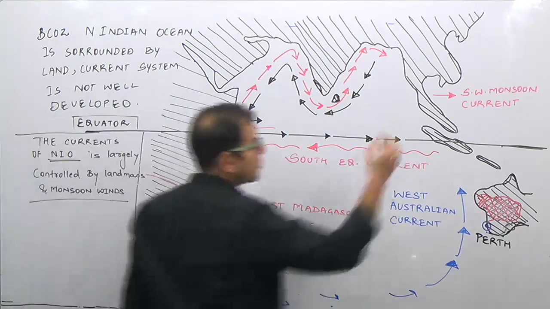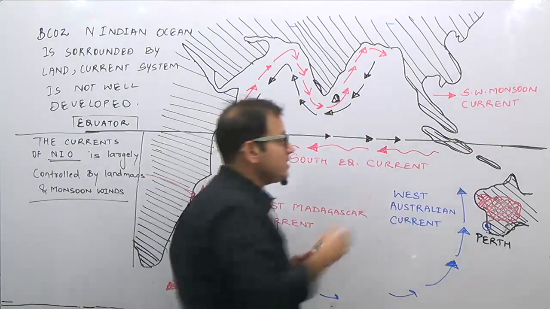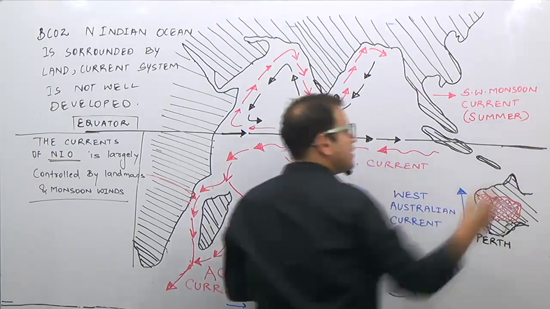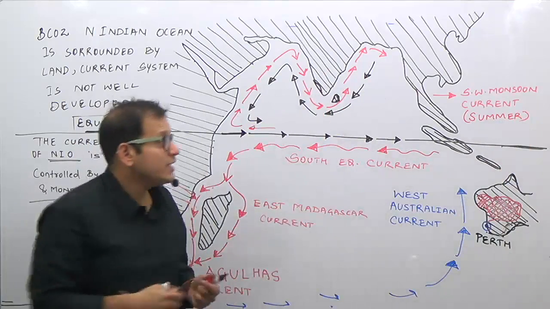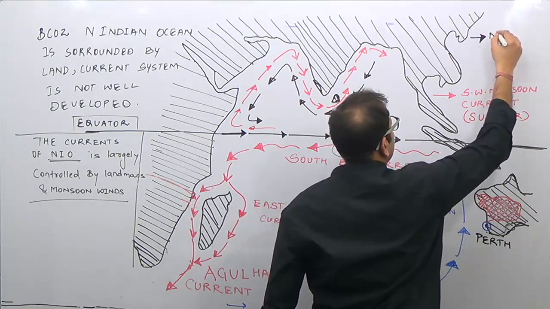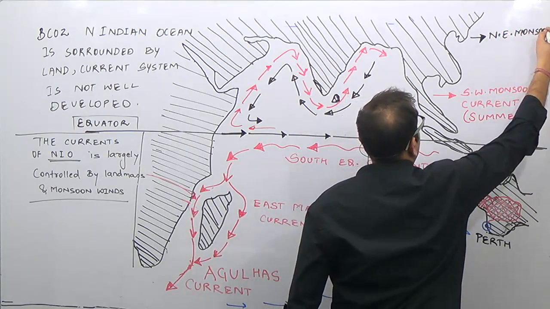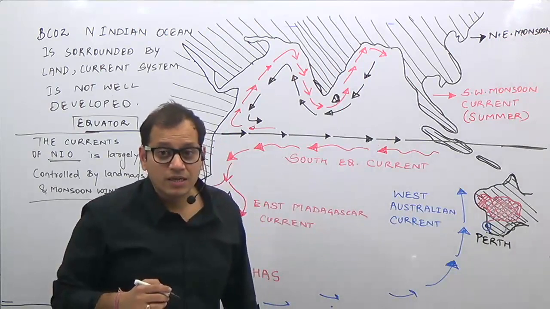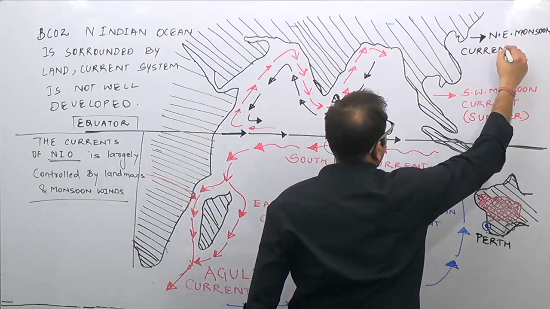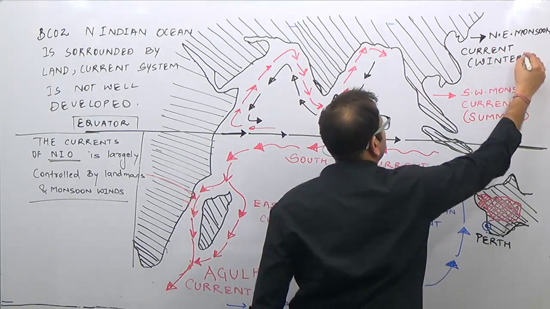Now, the southwest monsoon current develops during the summer season in India, when the southwest monsoon is more prominent, while the northeast monsoon current, which I have shown in black color, develops during the season of the northeast monsoon, that is, during the winter season in India.